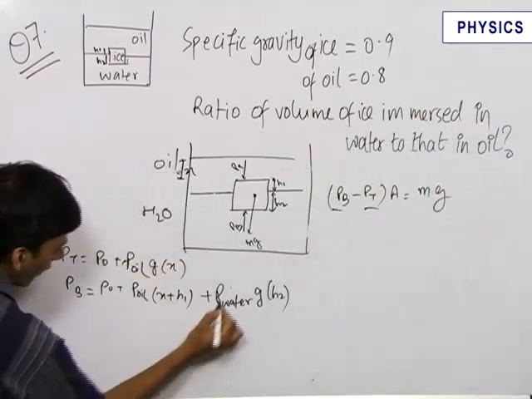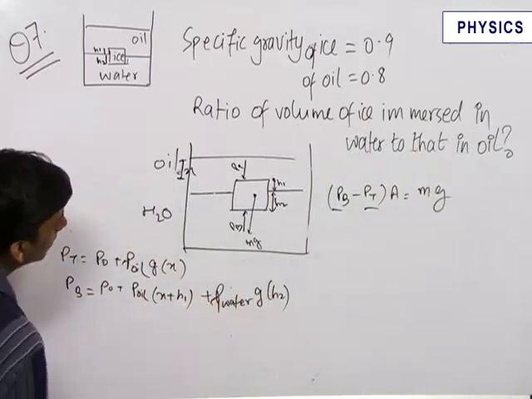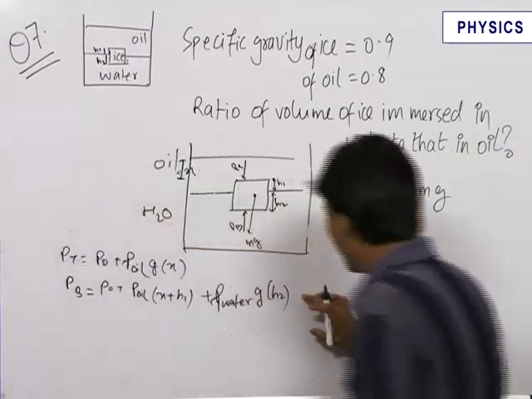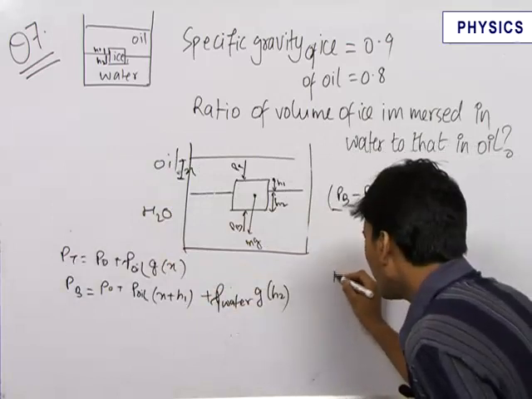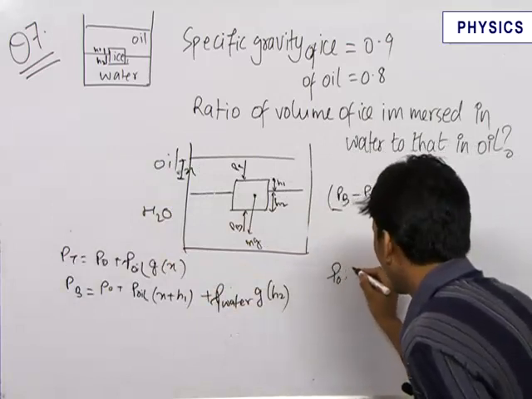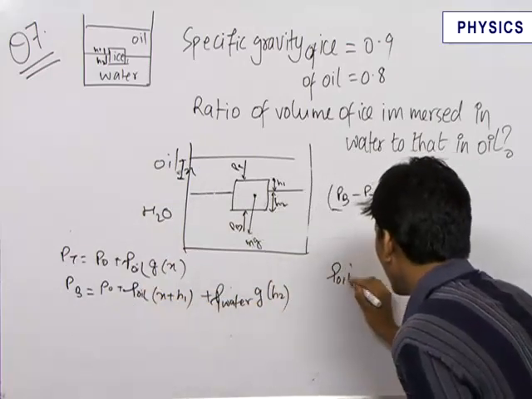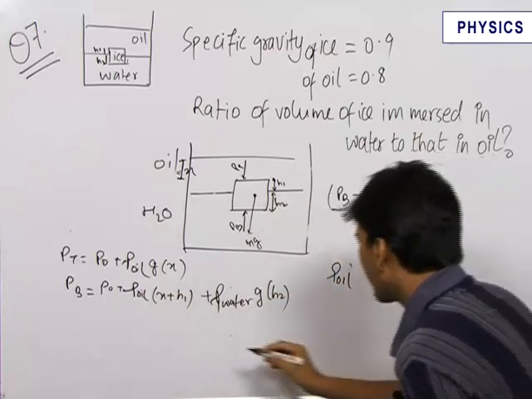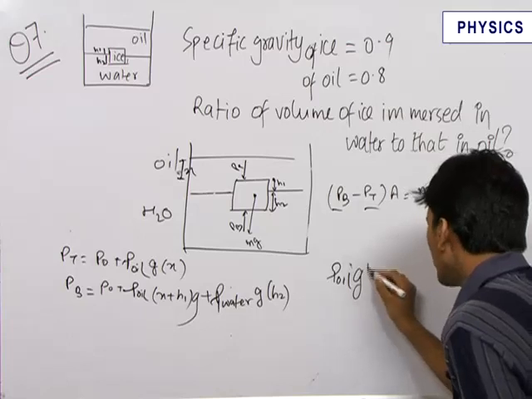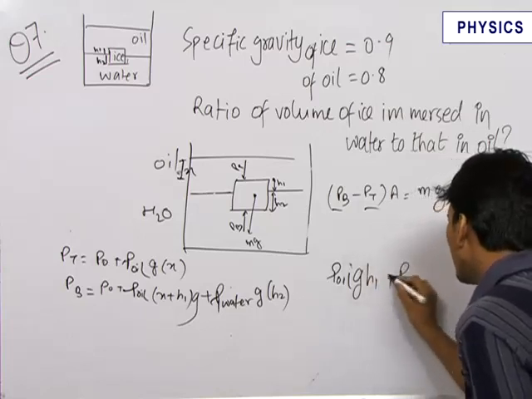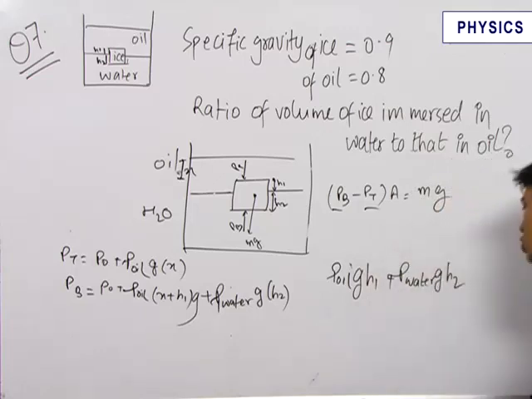Here rho oil is the density of oil and rho of water is the density of water. When we subtract Pt from Pb, we get rho oil into g into h1 plus density of water into g into h2.